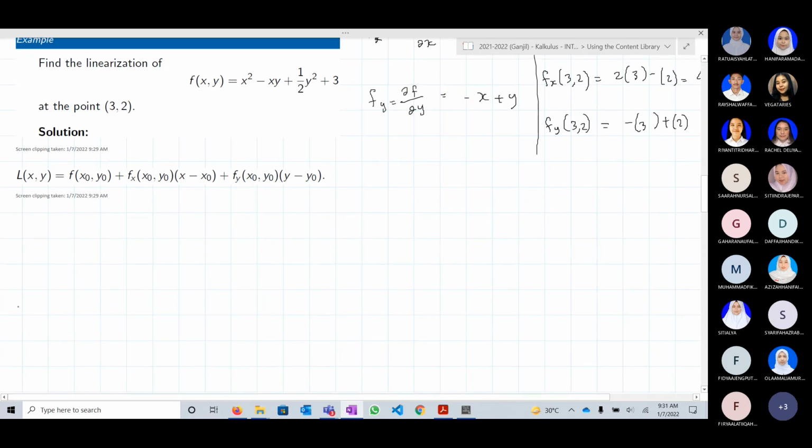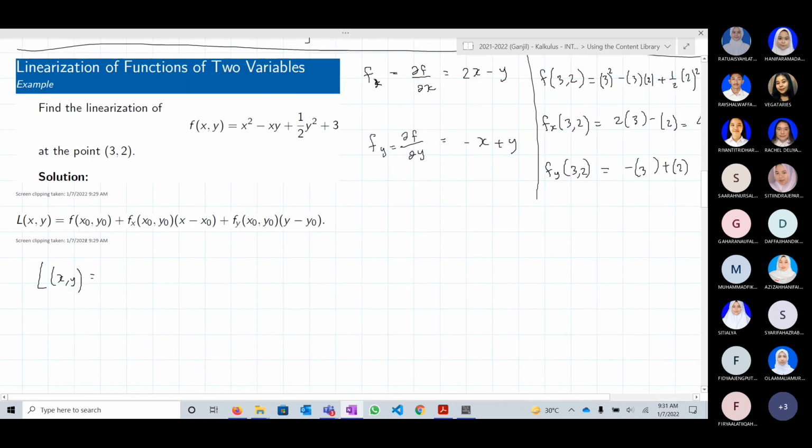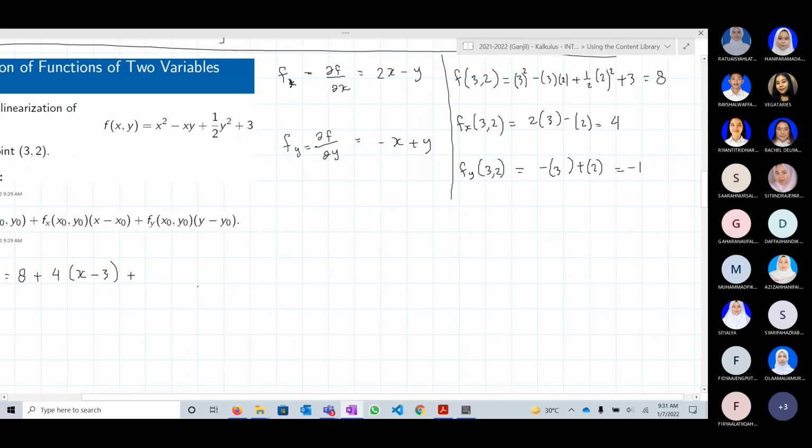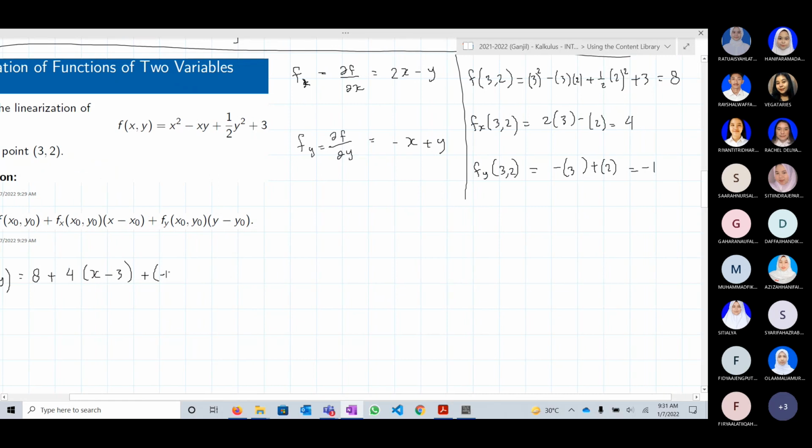So in this case, the linearization L(x, y) is equal to f(x0, y0), which is 8, plus fx(x0, y0), which is 4, times x minus 3, plus fy(x0, y0), which is minus 1, times y minus 2.